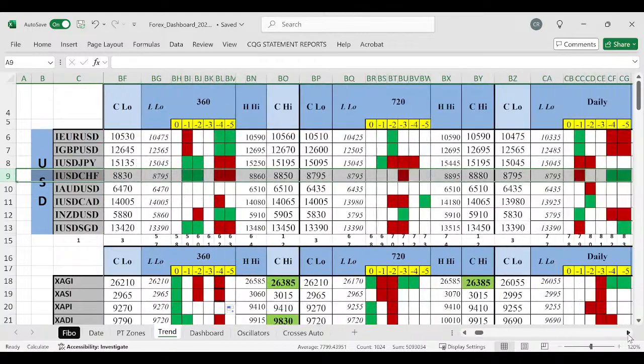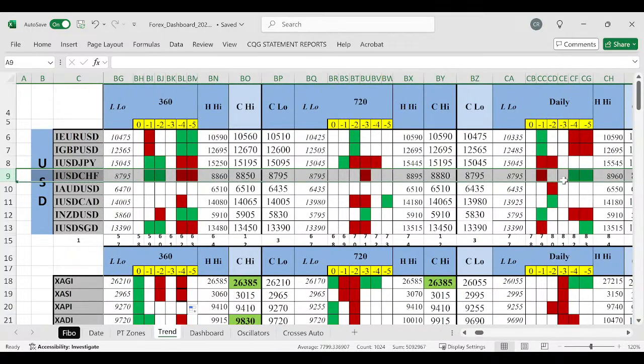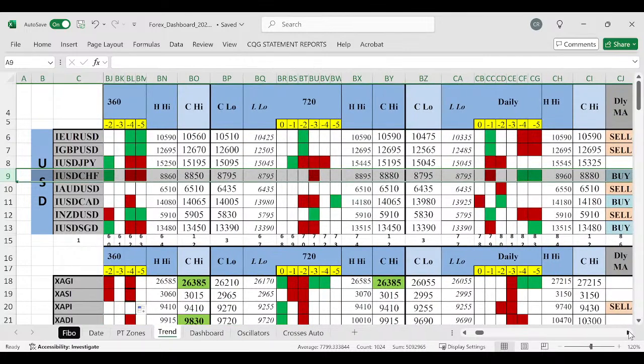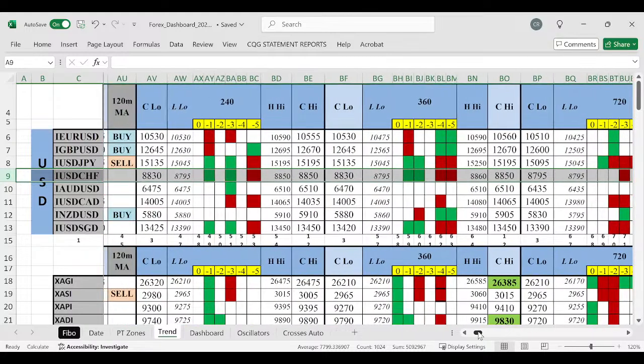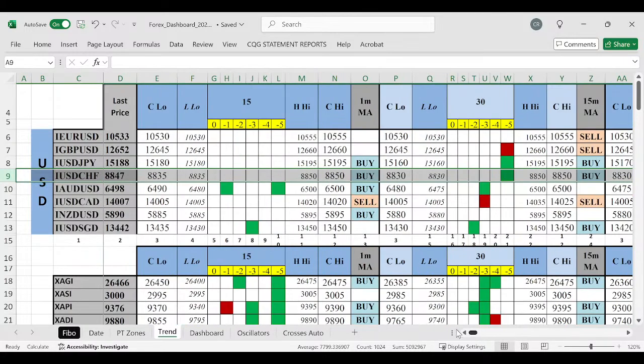And 720 and daily are down, so below 88.80 we should still be holding a sell. So now the market is 88.50.